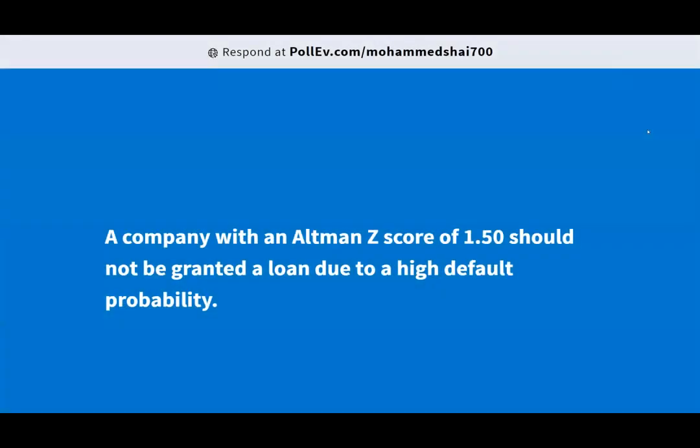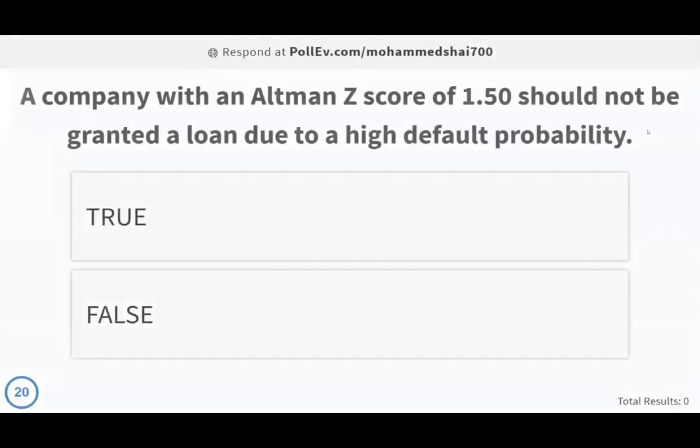A company with an Altman Z-score of 150 should not be granted a loan due to high default probability. True or false? This is very straightforward. You shouldn't miss it.